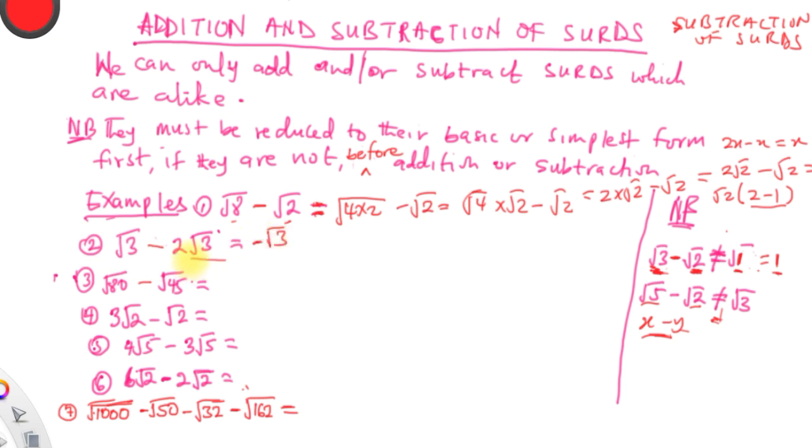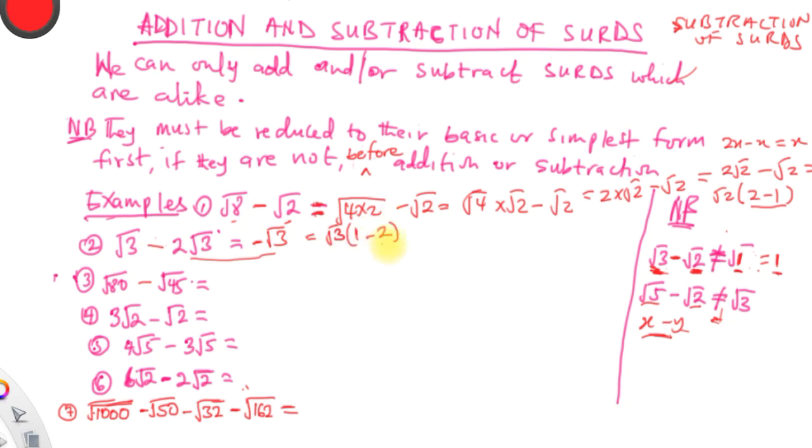Okay, so if you use factorization, you can factorize square root of 3 out. If you factorize square root of 3 out, you get 1 here, so 1 times square root of 3 gets the square root of 3 back, and then you get minus 2.